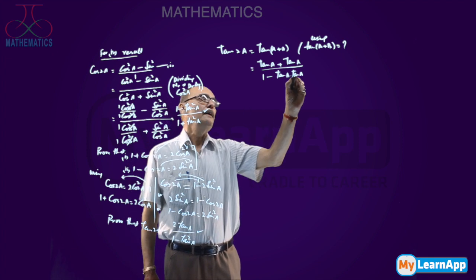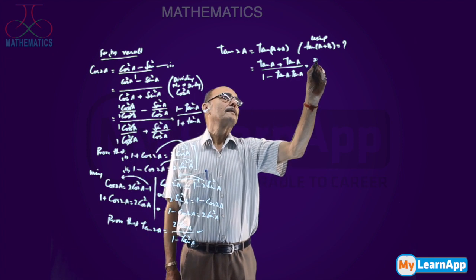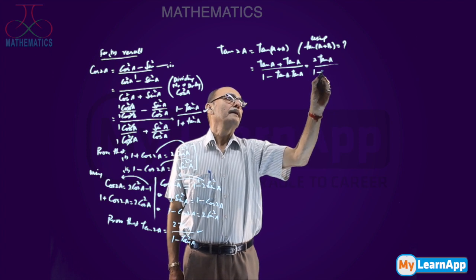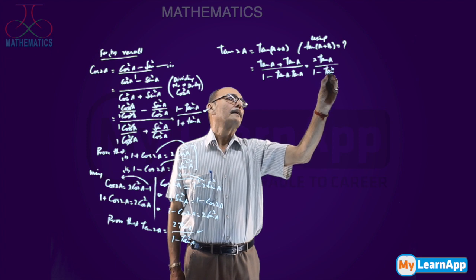Or this is finally twice tan A upon 1 minus tan square A.